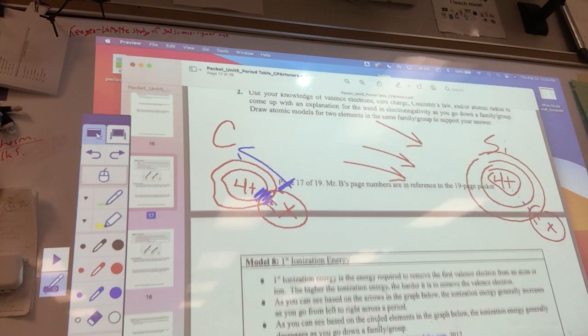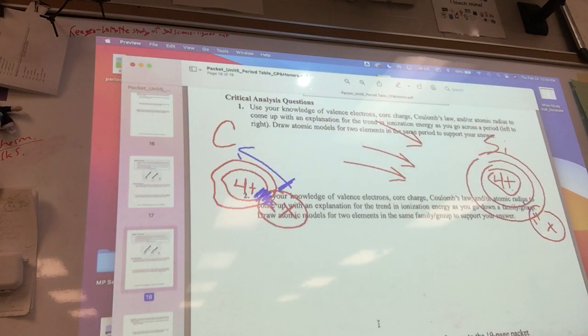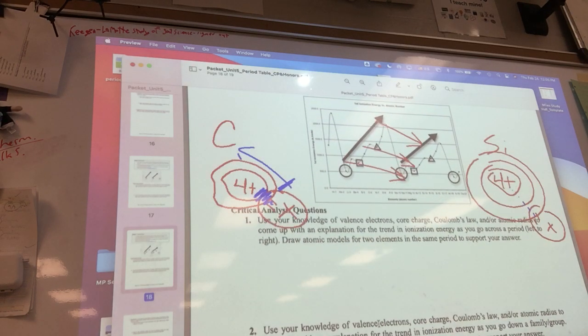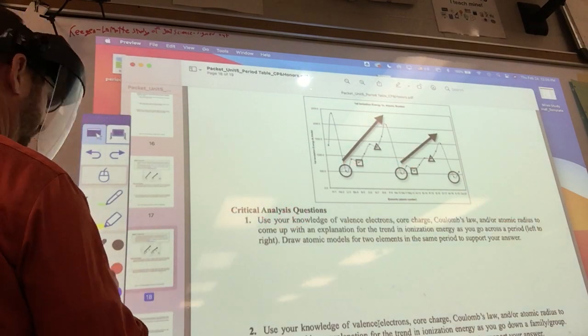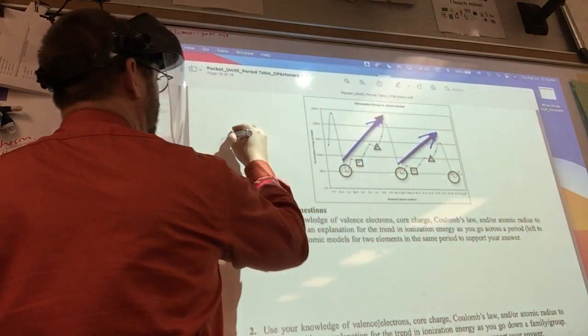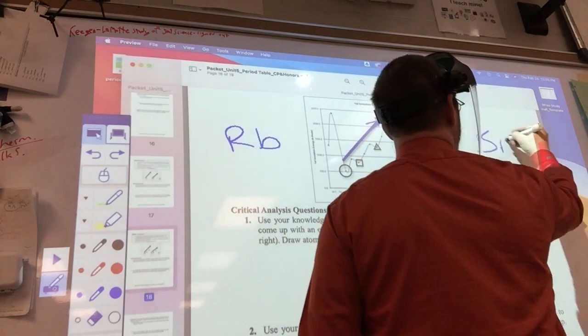All right, let's go ahead and take a look at model 8, ionization energy. Group 1, what happens to ionization energy as you go across the periodic table? It increases. And what 2 elements did you pick to support that? Rb and Sr. Good. How would you draw Rb?